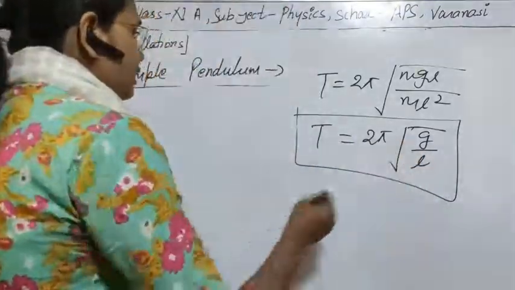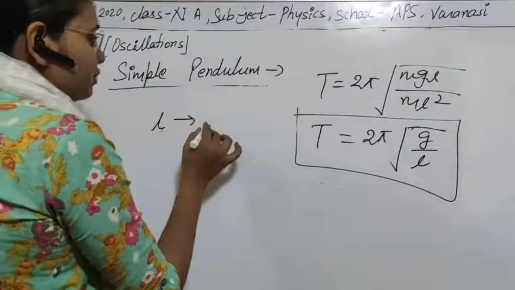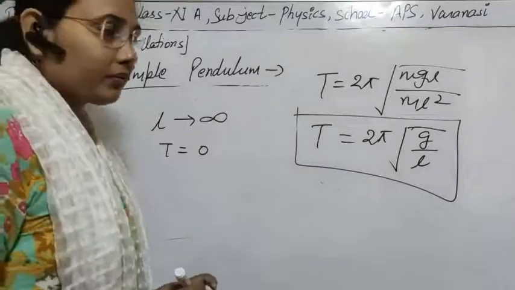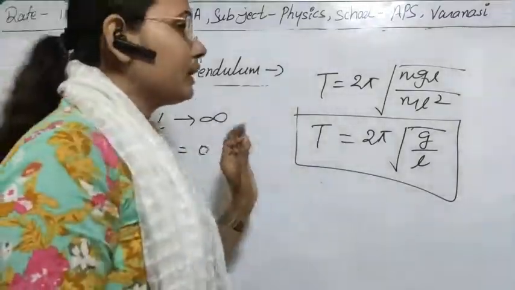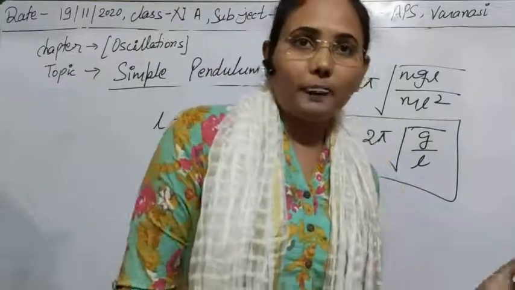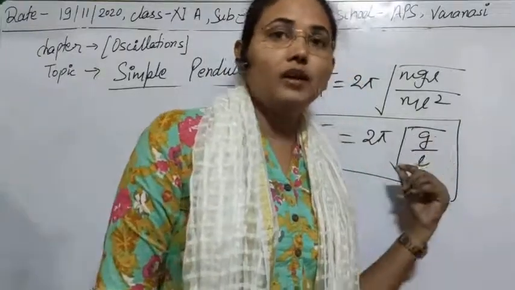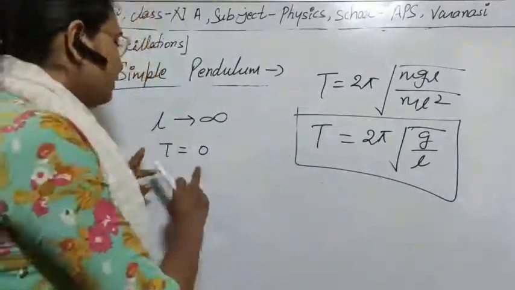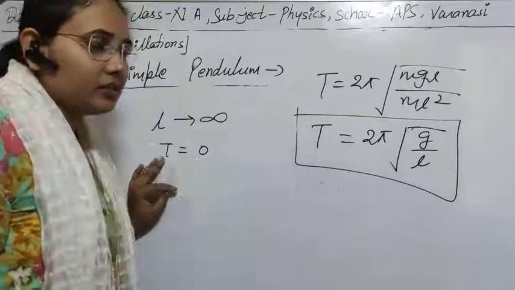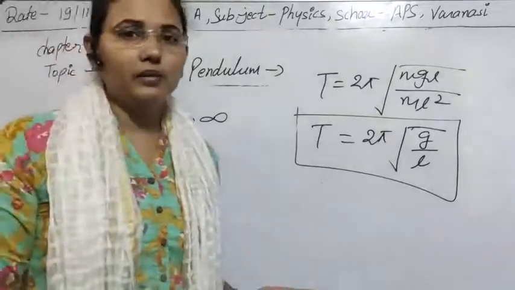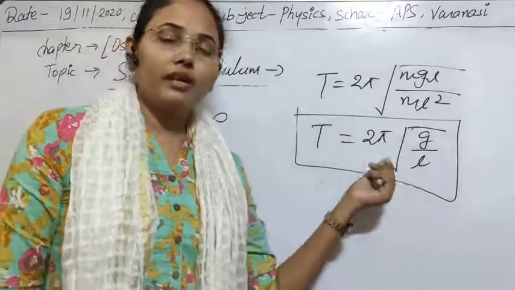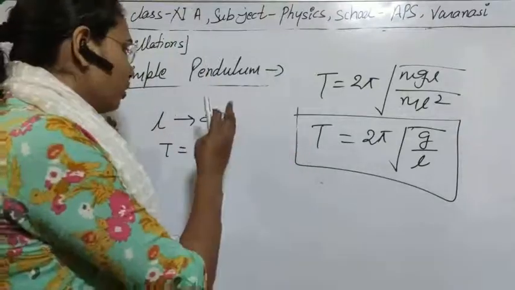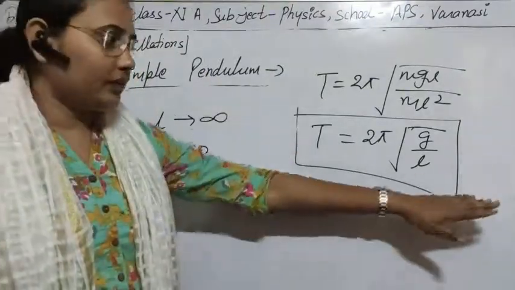With the help of this expression you can say that if L tends to infinity, then the time period will be infinite. Clear? It means if we increase the length of the thread, the time period of the oscillations increases, and we cannot take the length to be indefinite.